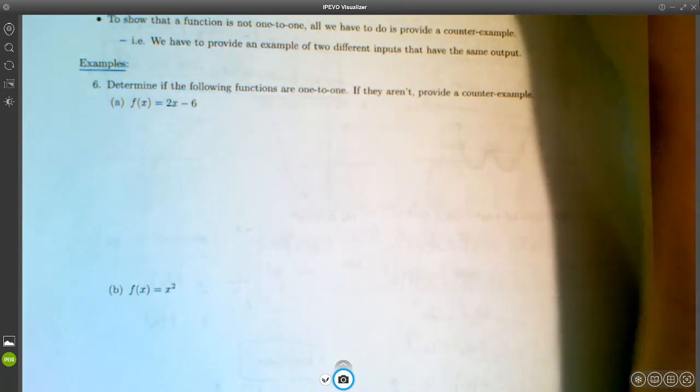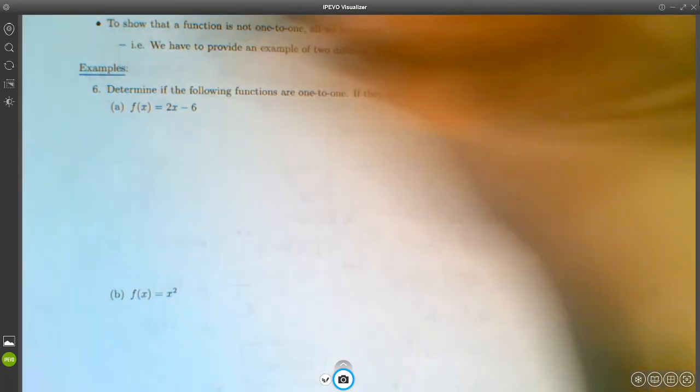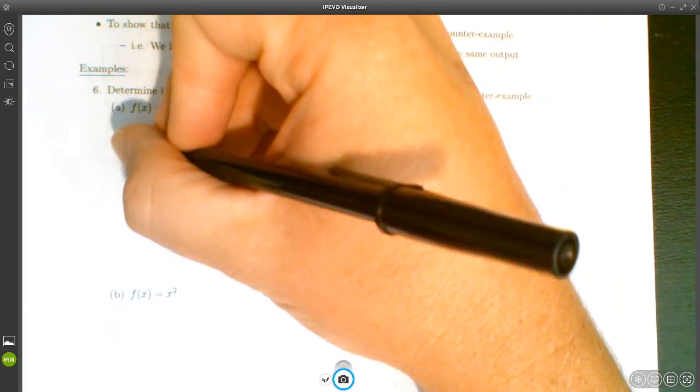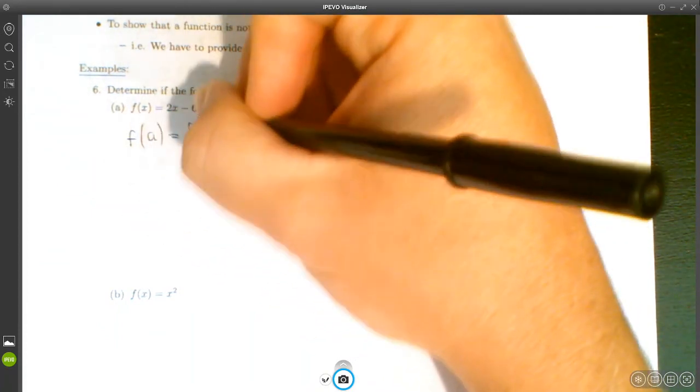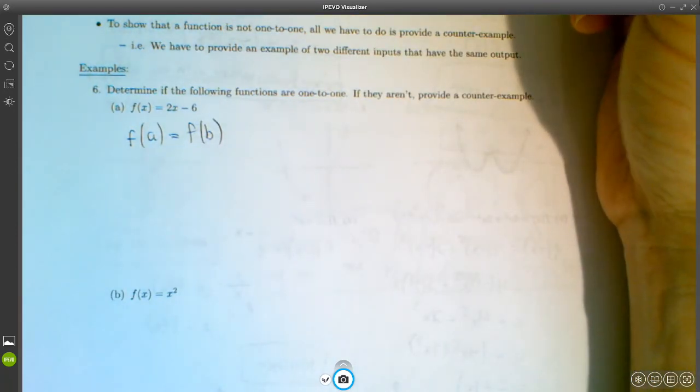So let me give you some examples. Let's determine if these functions are one-to-one, and if they're not, let's provide a counterexample. So to show that this is one-to-one, we would start off by assuming that f of a equals f of b. And then we hope that we can show that a equals b.